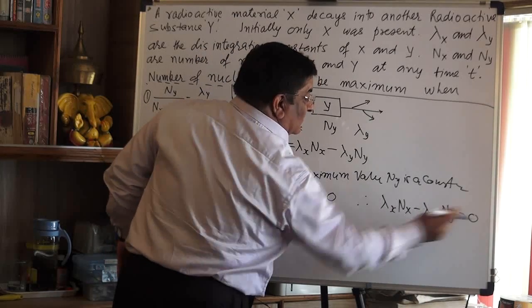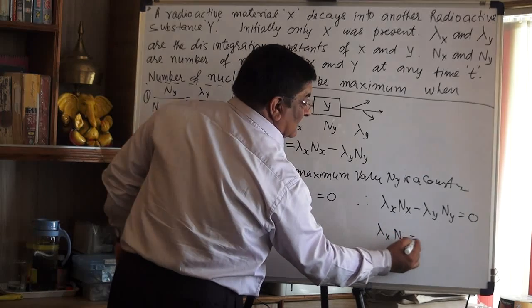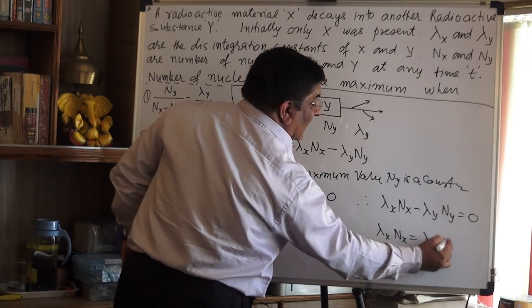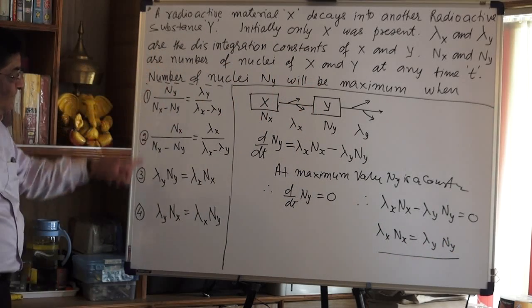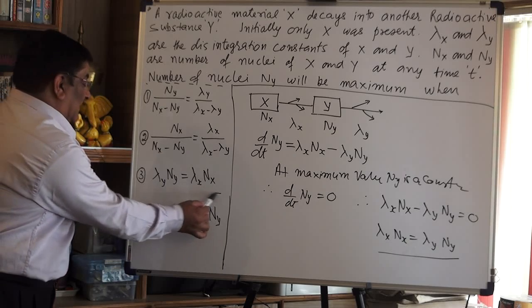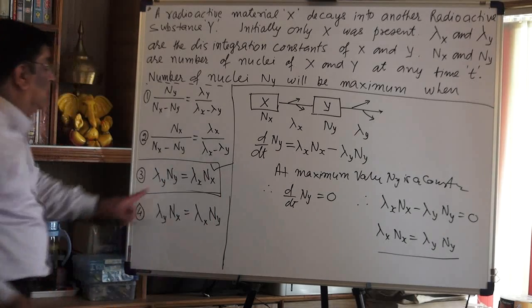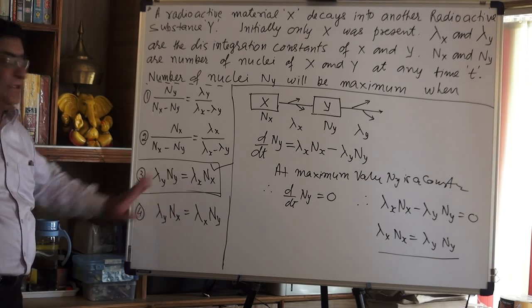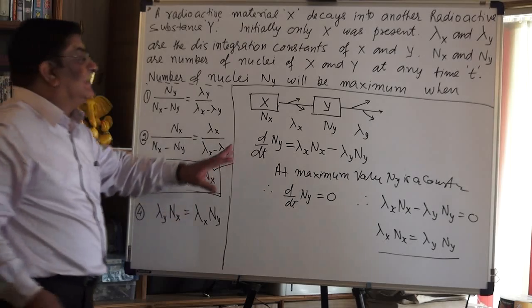Put it on this side. So what we get here is delta X Nx is equal to delta Y Ny. Let us check if there is any option matching this. And we find it is here. So this is the right option. This is the condition, that delta Y Ny is equal to delta X Nx.